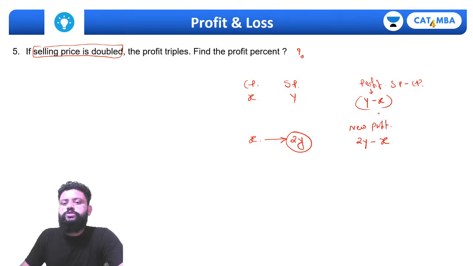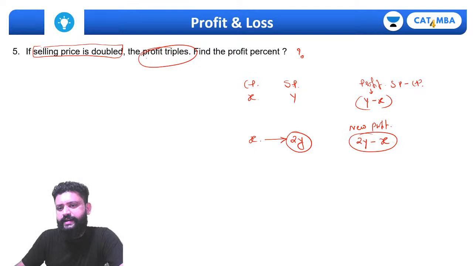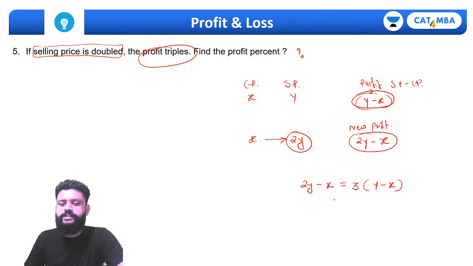So we know this profit triples, in the sense this is the new profit and this was the original profit. That simply means 2y minus x is thrice of y minus x. It's not a tough question at all and it should not take more than half a minute to frame this equation and solve it. Okay, so let's say 2y minus x is 3y minus 3x.